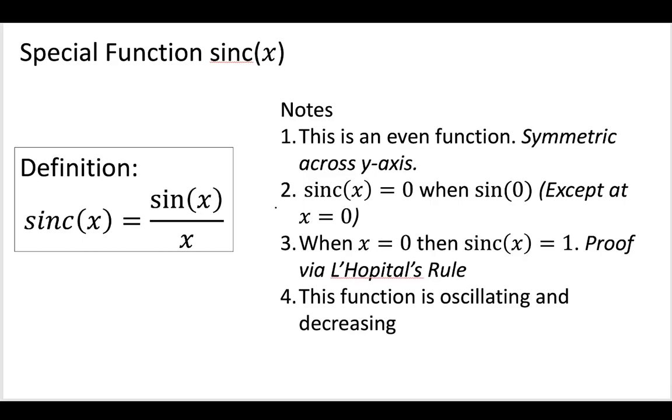Second, sinc of x equals 0 except for when sine is equal to 0, when the argument of sine is 0. When x equals 0, then sinc of x is equal to 1. You can perform this proof using L'Hopital's rule. And this function is an oscillating and decreasing function.